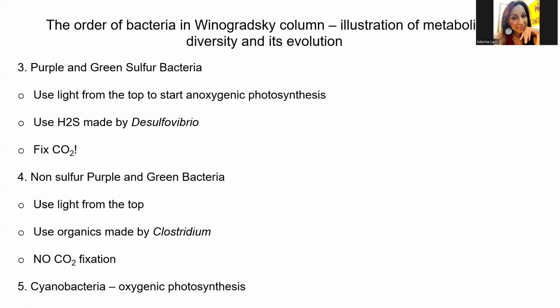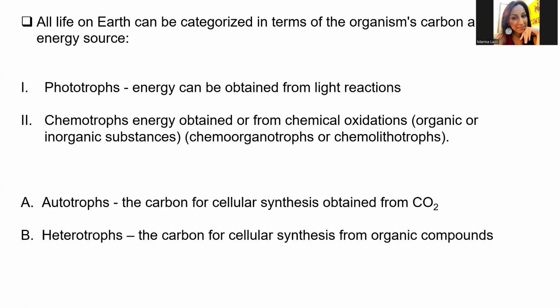Again, they will use organics that will be made by Clostridium, but there will be no carbon dioxide fixation. They don't need it. They use organics. And on the top will be the famous cyanobacteria because they're doing oxygenic photosynthesis. That's literally what I want you to know.